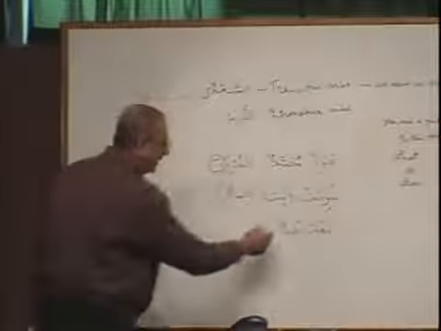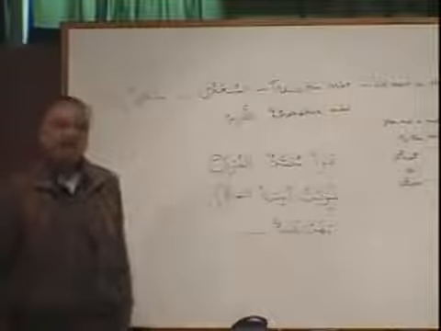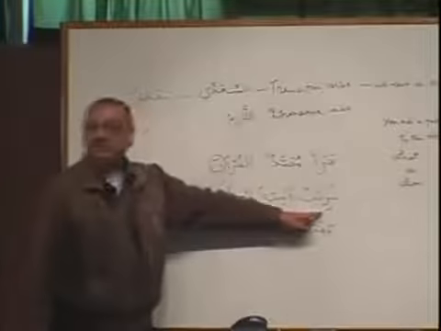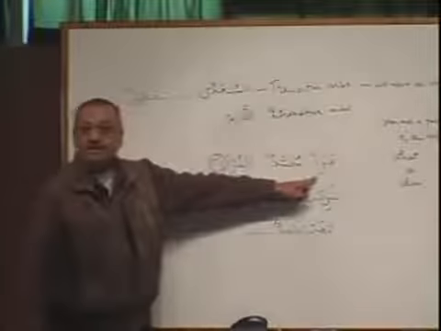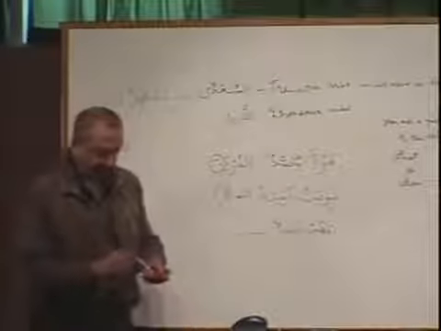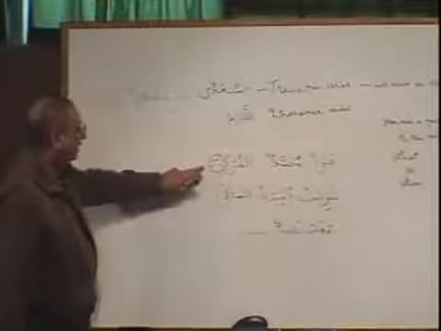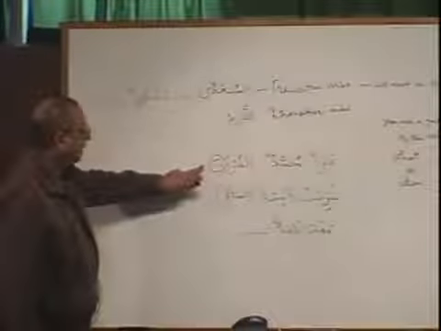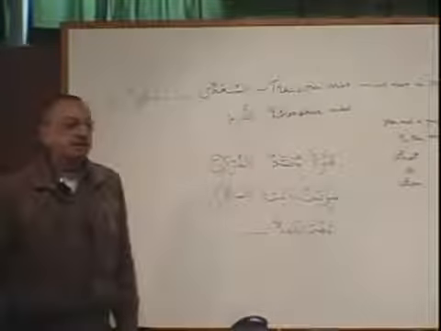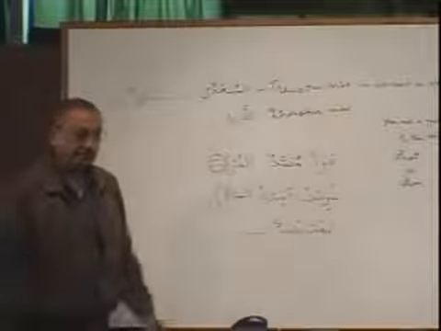So it means this is fi'l lazim, in English, intransitive. And shariba is transitive. Qara'a is transitive. Do you understand? Transitive. Okay. Now, here, Qur'ana and al-ma'a are maf'ulun bihi. Sahi? It is maf'ulun bihi.